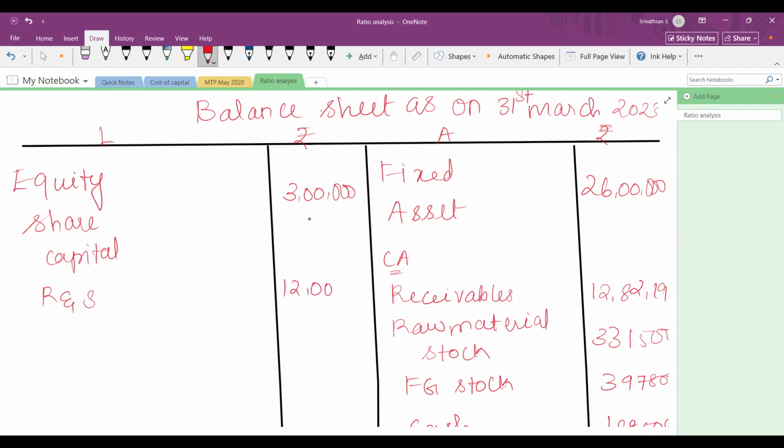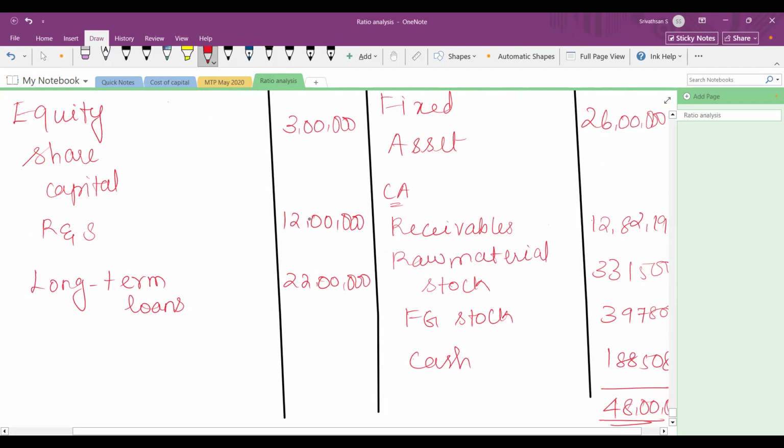Then long-term loan, 22 lakhs. Then current liability, 11 lakh. So totally it is 48 lakh on both sides.